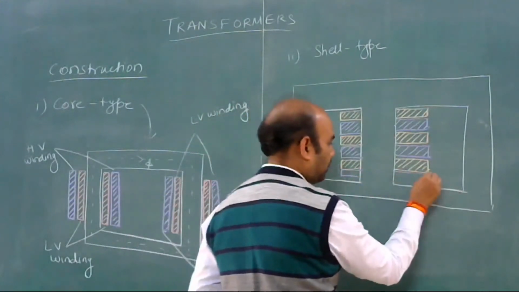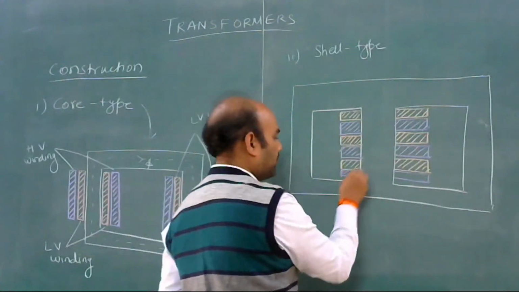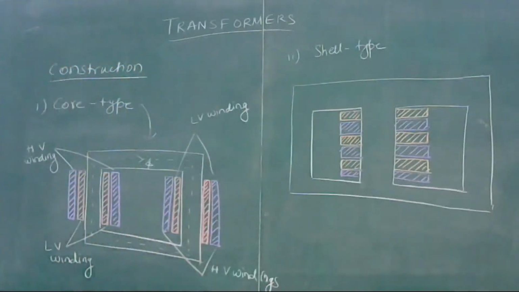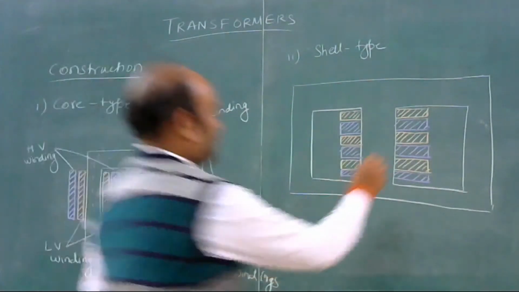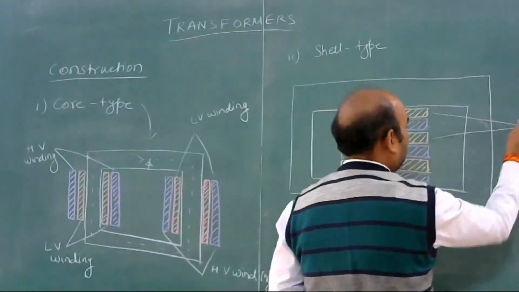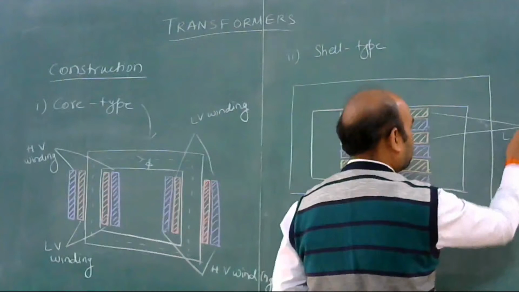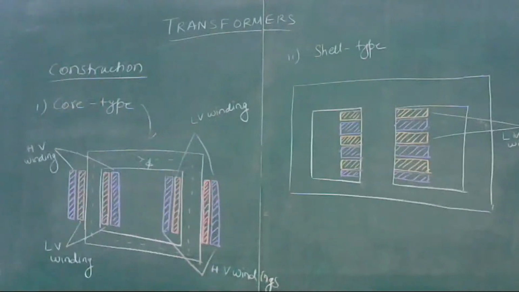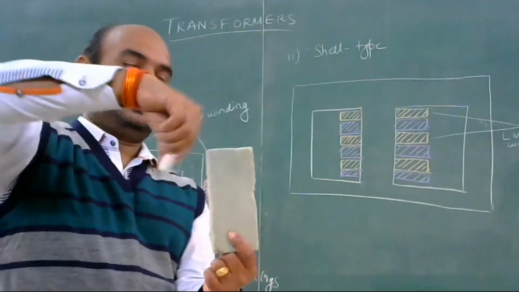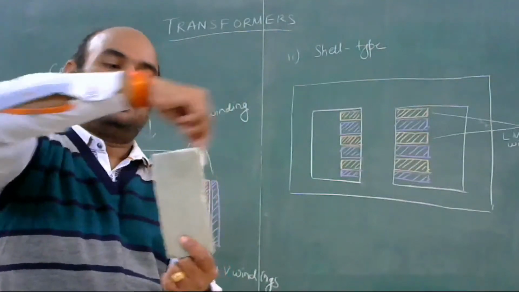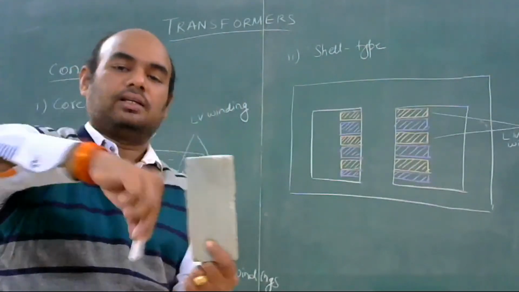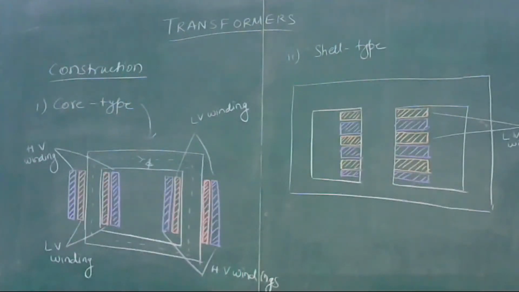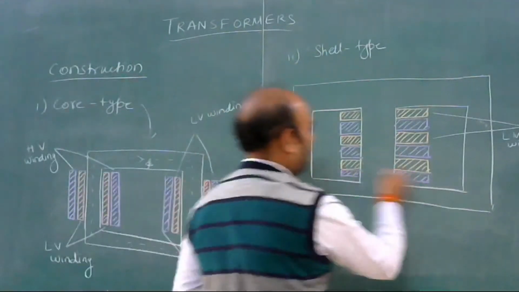So there are two types of transformer on basis of construction: shell type and core type. These two windings are LV windings. So if it is the limb, first we wound the LV winding, then HV winding, then LV winding, then HV winding, and then LV winding, and so on. So this is the procedure to connect these windings.